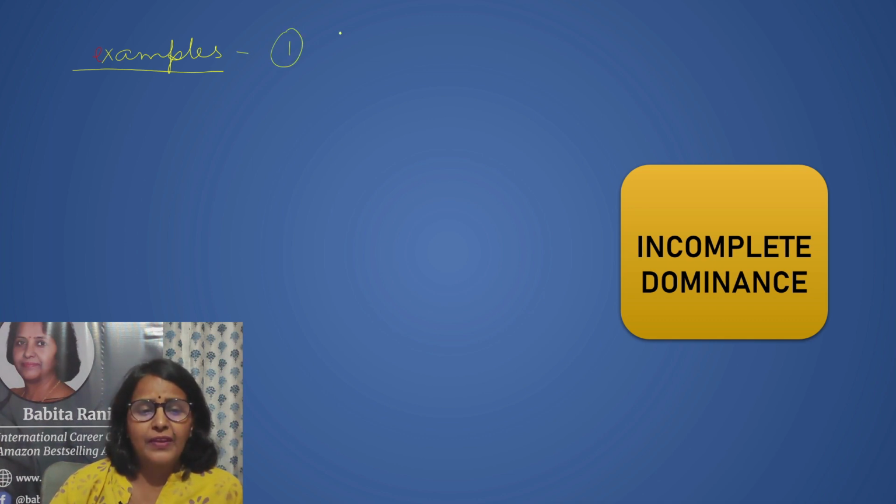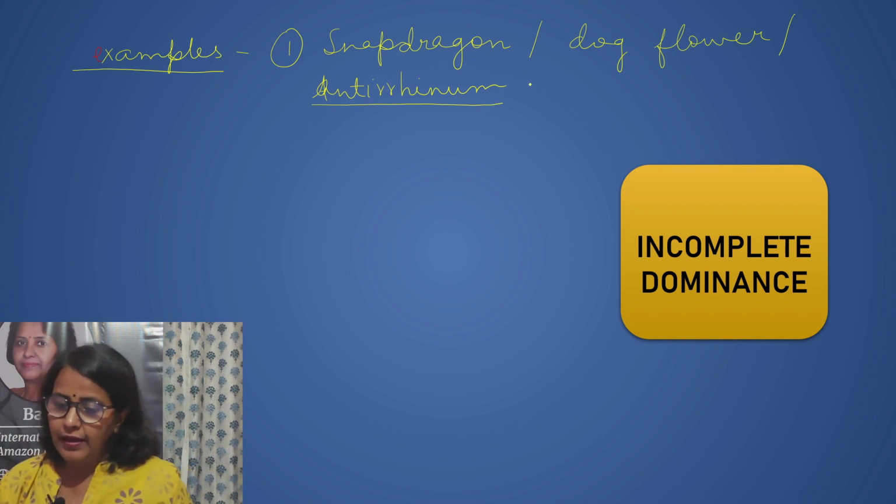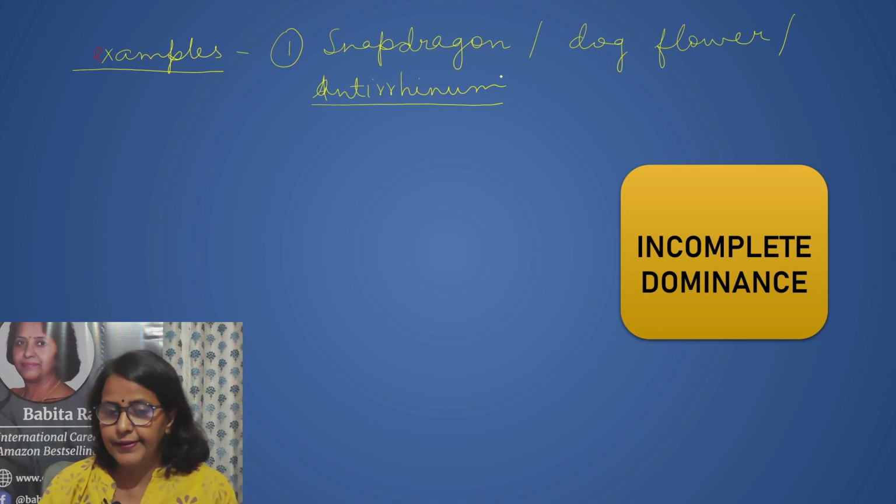Examples are snapdragon, or also known as dog flower, Antirrhinum majus.